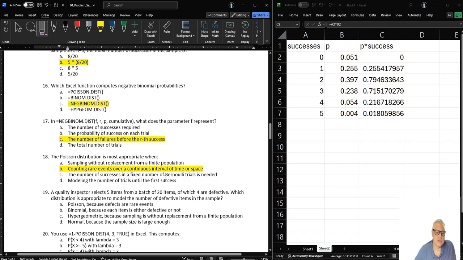A quality inspector selects 5 items from a batch of 20 items, of which 4 are defective. Which distribution is appropriate to model the number of defective items in the sample? Okay, so the quality inspector selects 5 items from a batch, probably without replacement, and 4 are defective. Okay, that is clearly hypergeometric.